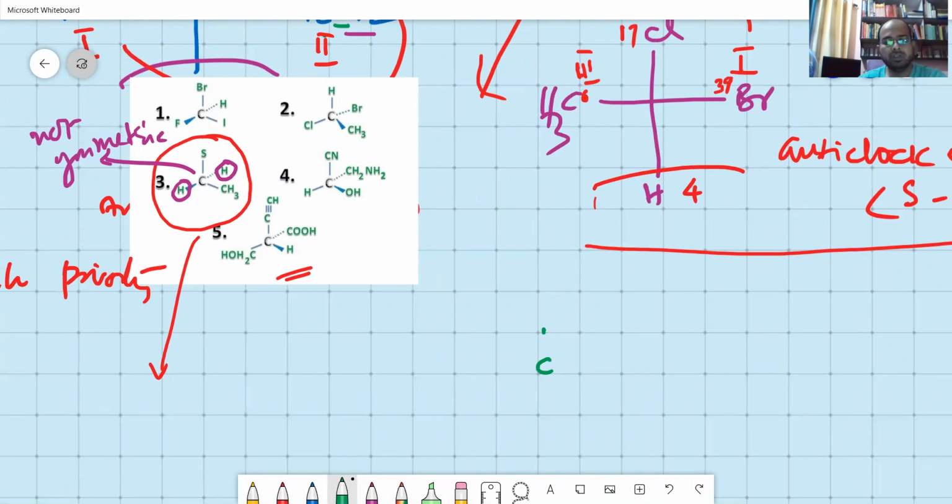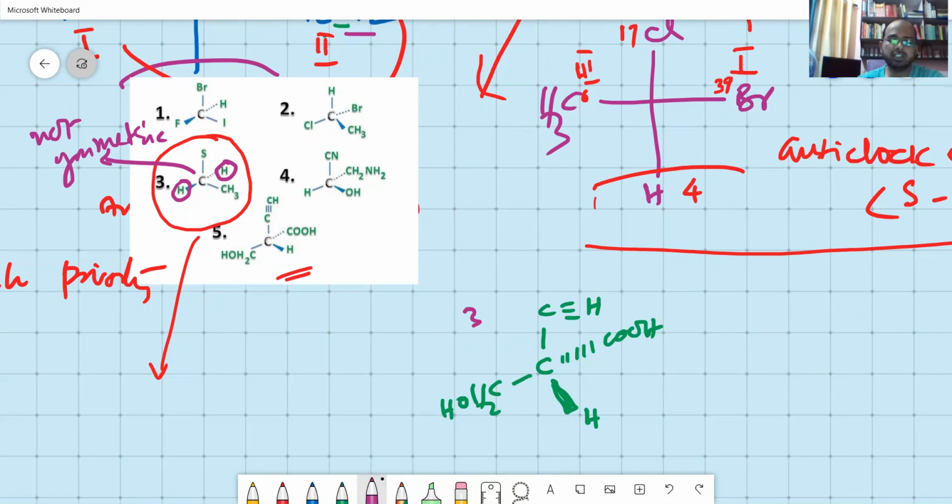C, it is attached to C triple bond H, and backwards it is going for COOH. Frontwards it is hydrogen atom, and again you have CH2OH. Okay. Now the group runs like this.